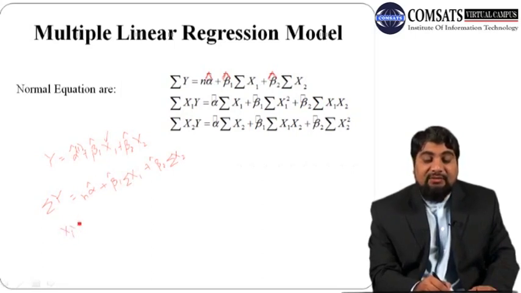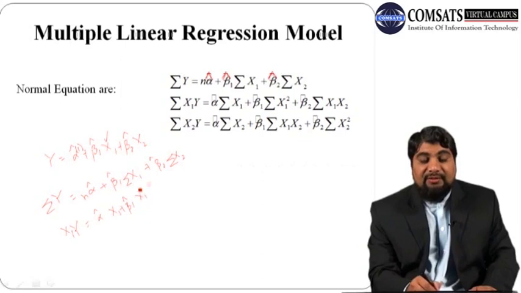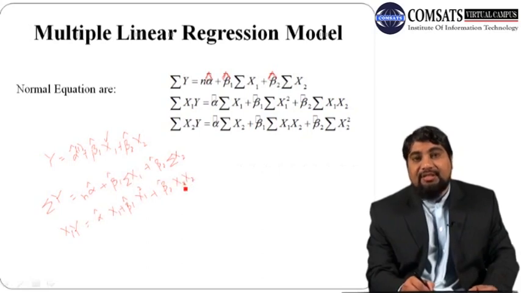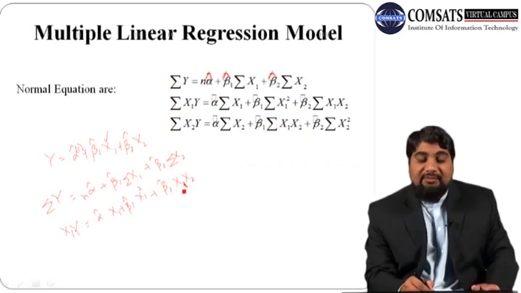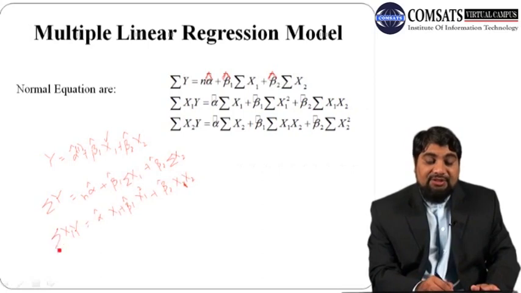So we will get x1y, so alpha hat x1, then beta 1 hat x1 square, then beta 2 hat x2 and x1, x2. Order doesn't matter because 2 multiplied by 3 is the same as 3 multiplied by 2. And now apply summation.